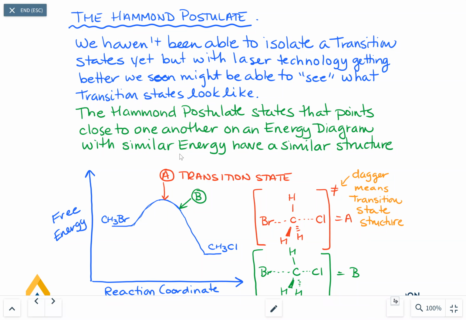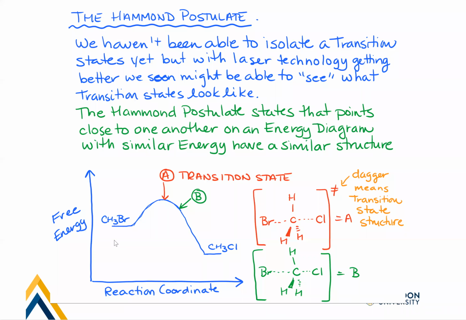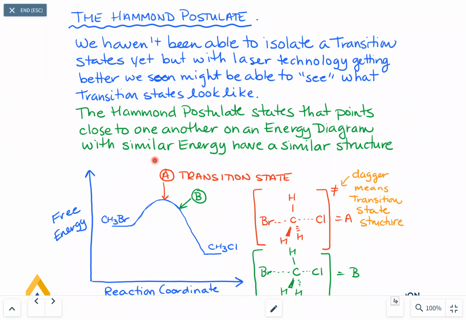Because we can't isolate a transition state, what people have done is use a postulate which basically describes that, okay, we don't know what a transition state looks like, so we're going to compare it to something we do know what it looks like on the energy diagram. It could be starting material and a product. It could be starting material and, say, an intermediate.